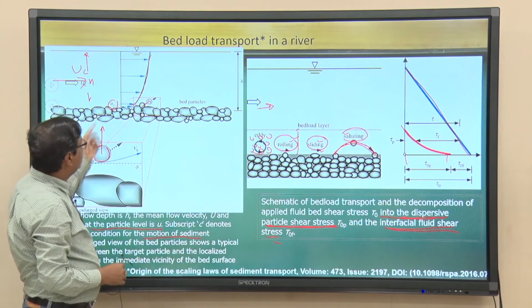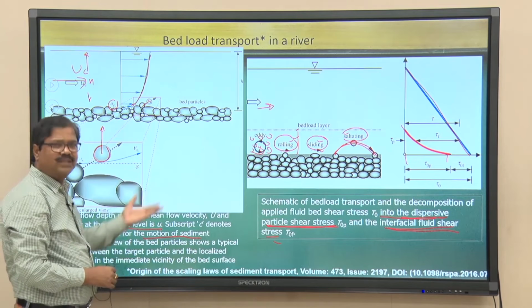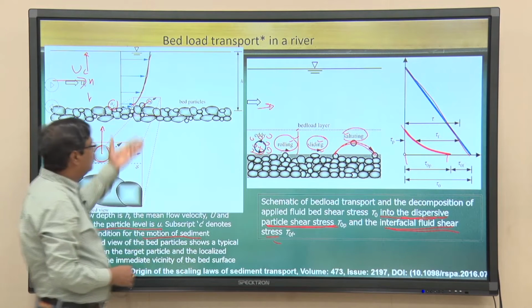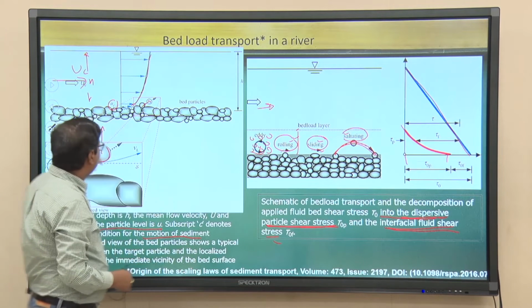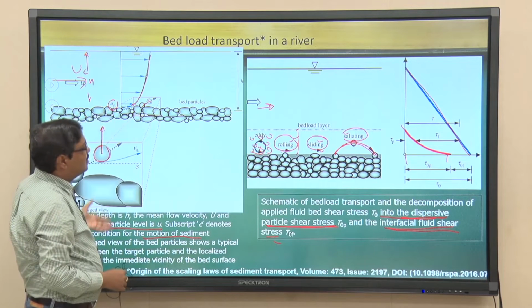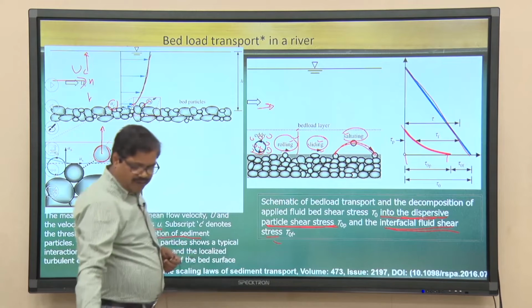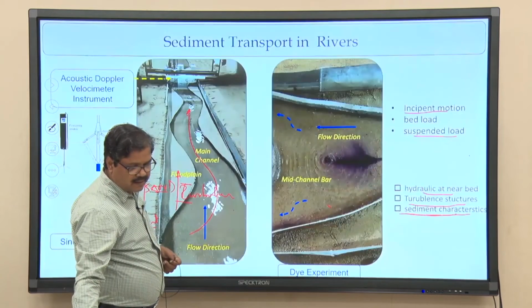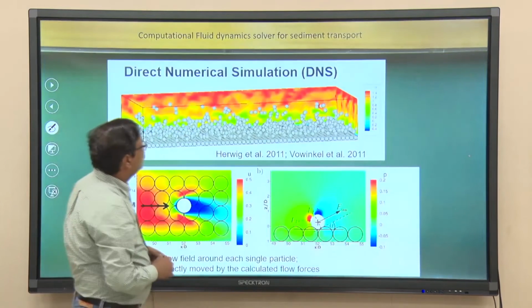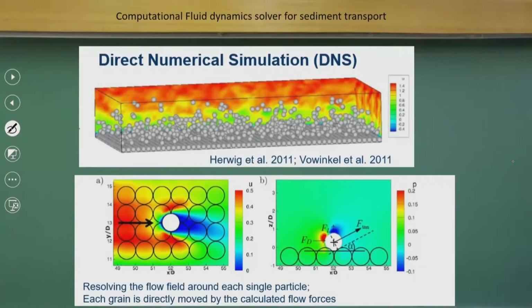We are not looking much at the particle level, although nowadays it is possible to look at the particle level and track each particle to know how the processes are happening. For example, the numerical codes available in computational fluid dynamics have gone to a certain level.